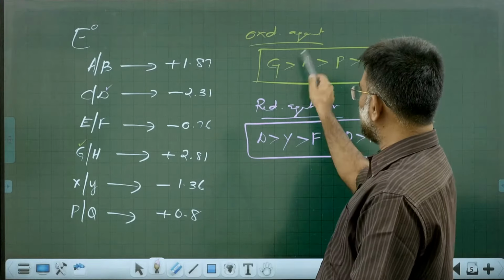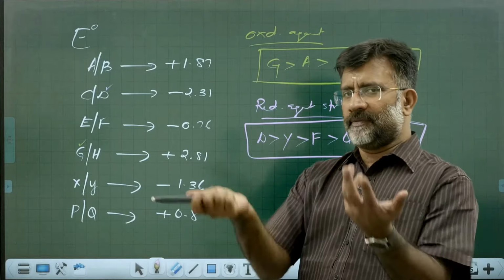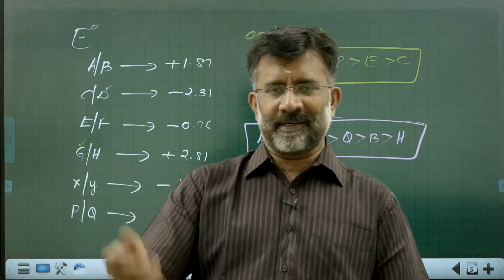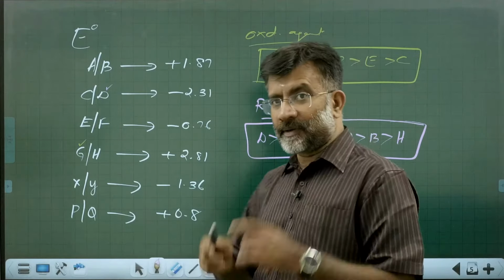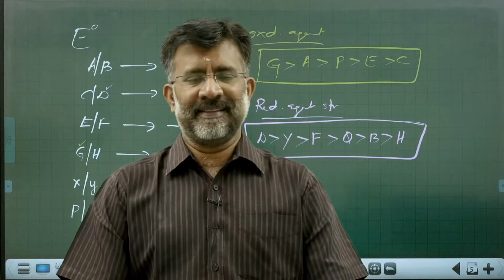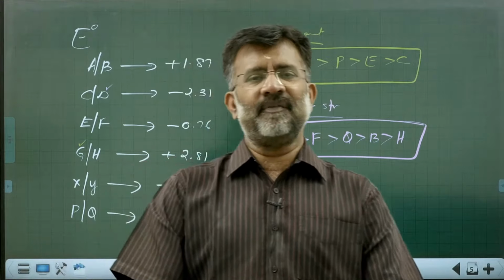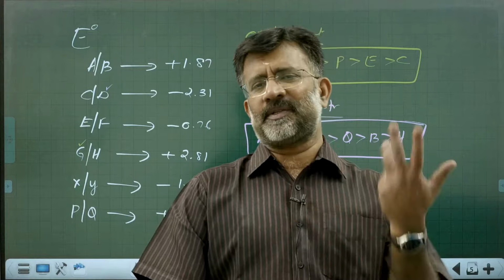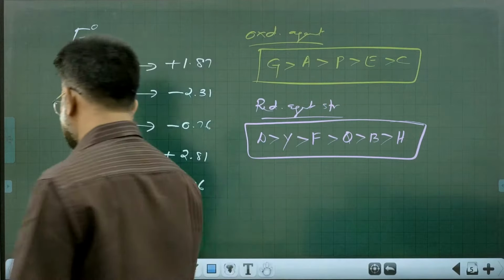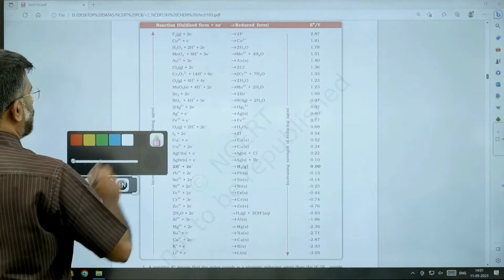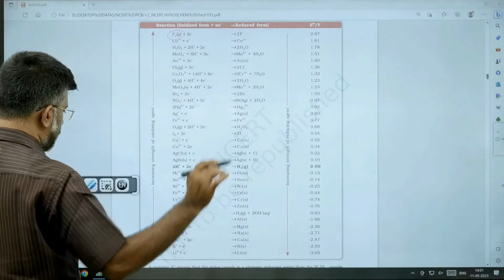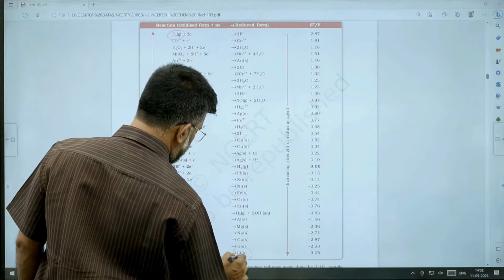Now, from the list, G can oxidize all. Similarly, D can reduce all. That way, we need to understand the content. We need to practice as much as possible, and we are going to practice through questions also. The powerful oxidizing agent will be this one in the list and the powerful reducing agent will be this one.